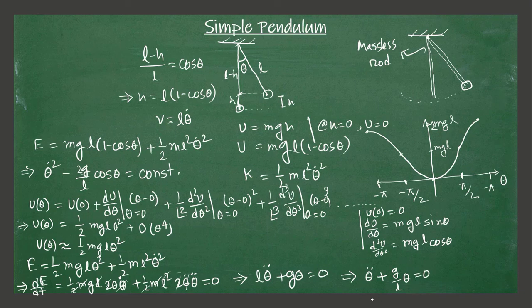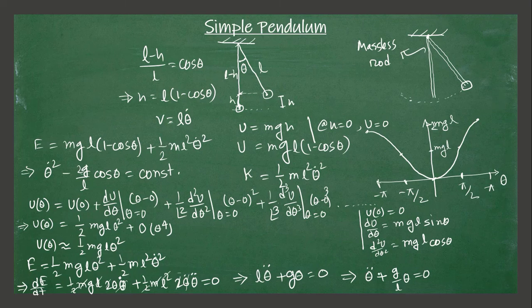Now this equation, if you look a little closely, you'll see this is the differential equation of simple harmonic motion, right? Which was previously x double dot plus omega squared x equals 0. So you see, this is an analogous equation to the simple harmonic equation.